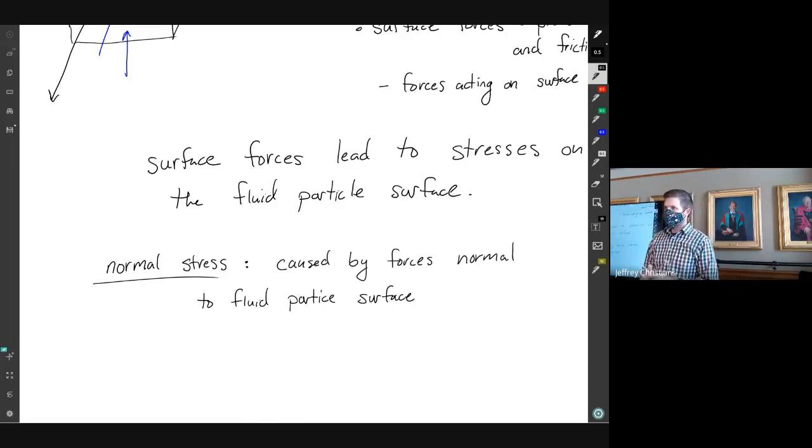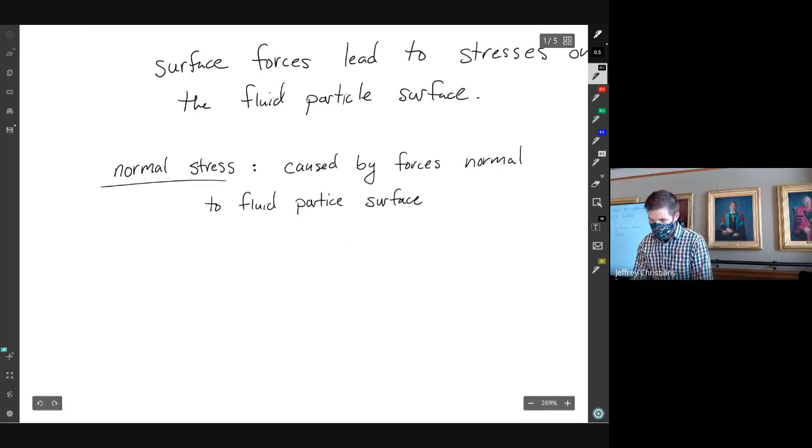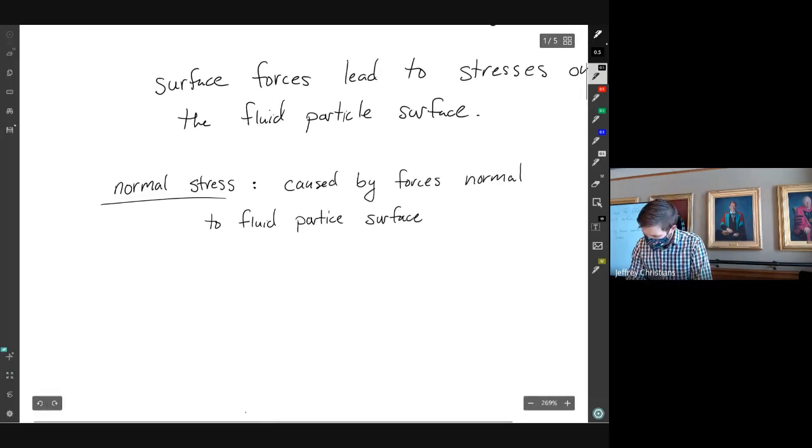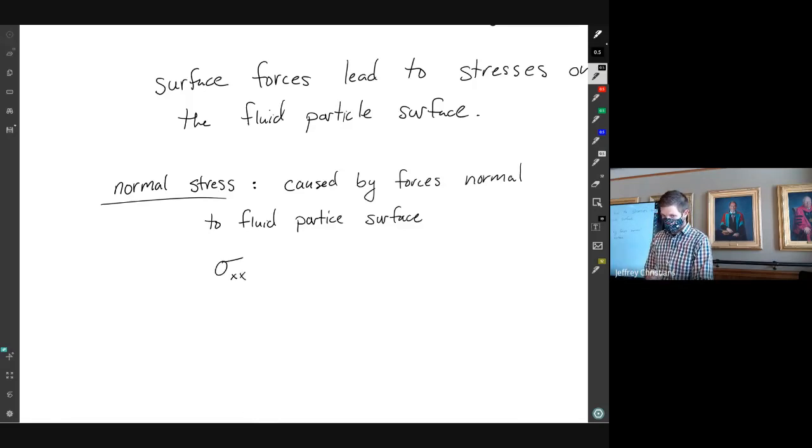A stress is a force over an area. So our nomenclature is going to be sigma, and we'll call this sigma xx. I'll just write it and then I'll put some stuff around so that we can hopefully figure out where this nomenclature comes from.